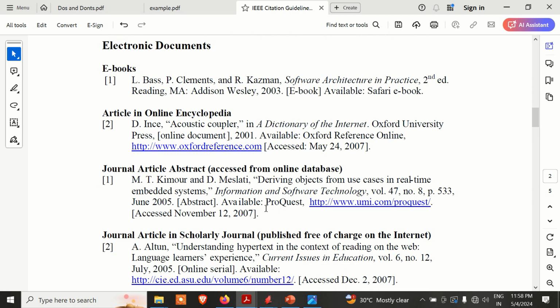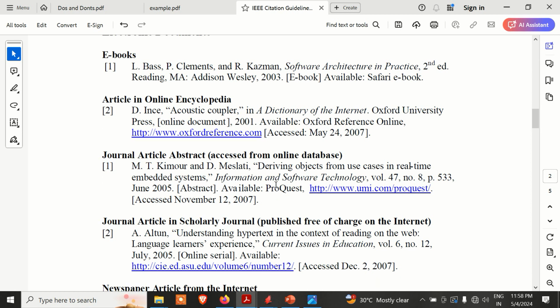So all electronic documents should have a URL when it is available, and the date you accessed it, and if possible, the same order I said: author, the title, the publisher in Roman, volume number, page number, year.